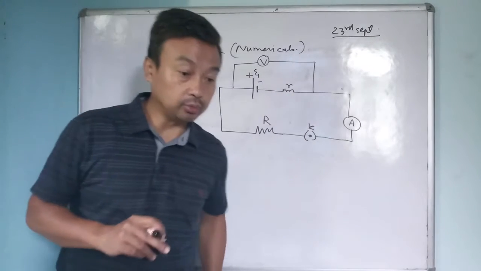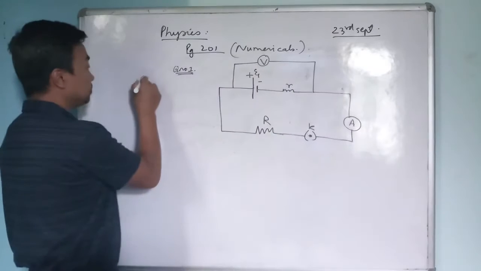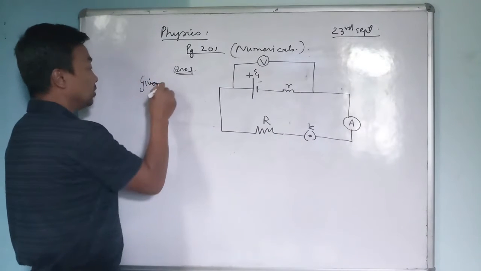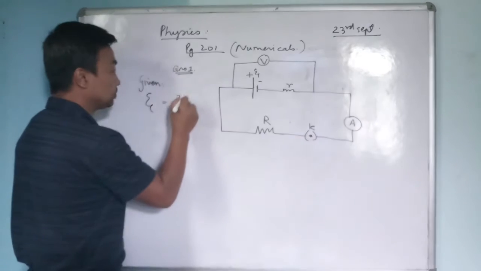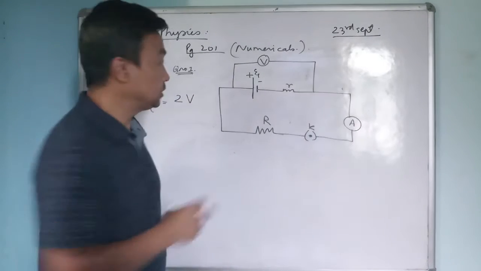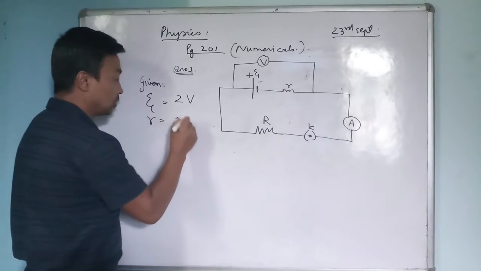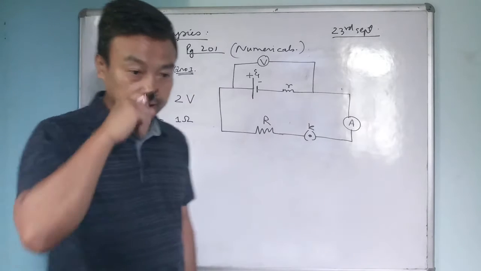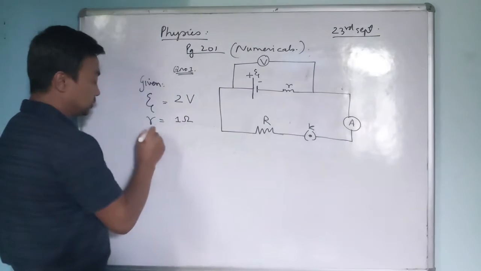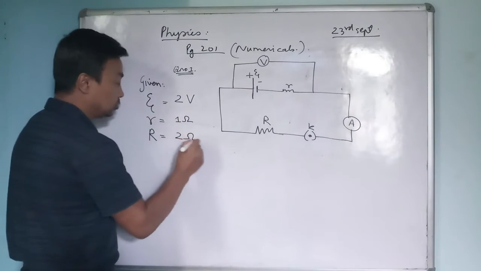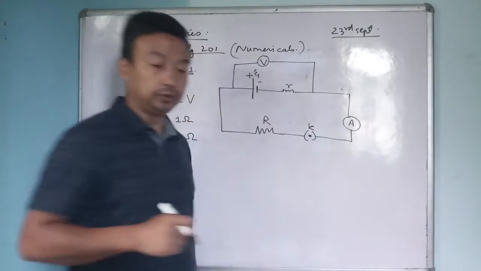In the question, the EMF is given to you as 2 volt, and the internal resistance, small r, is given as 1 ohm, and the external resistance is given as 2 ohm. Now there is also a plug key given to you here.